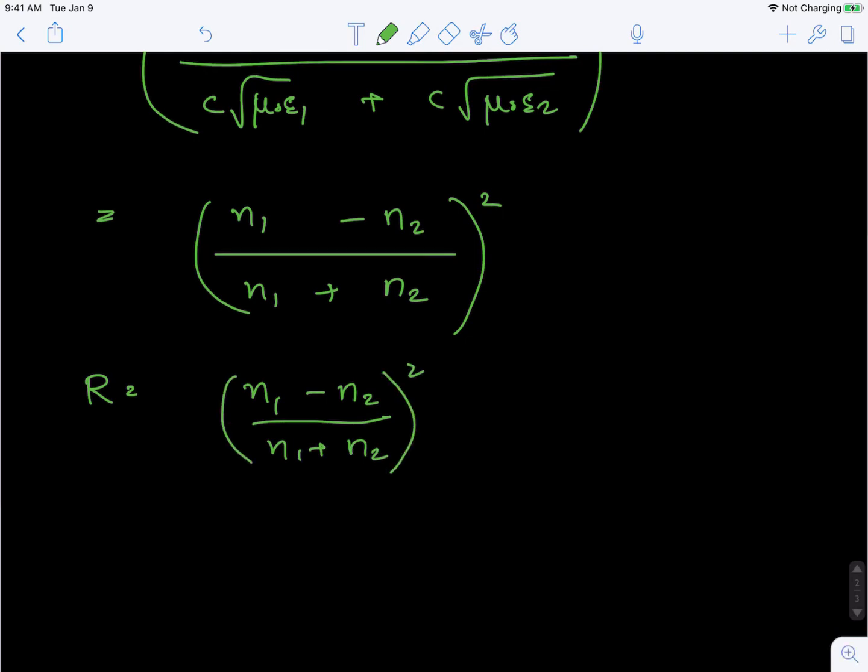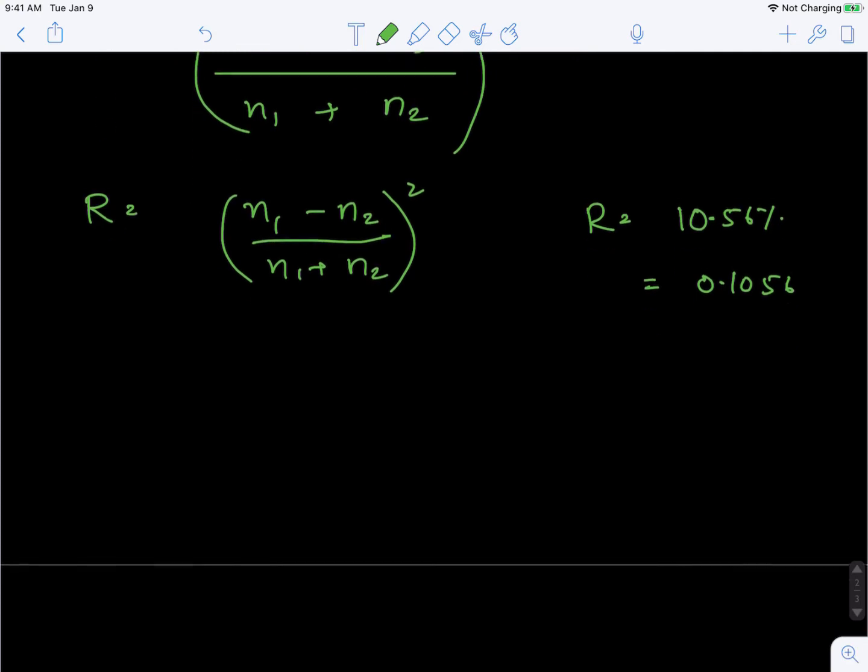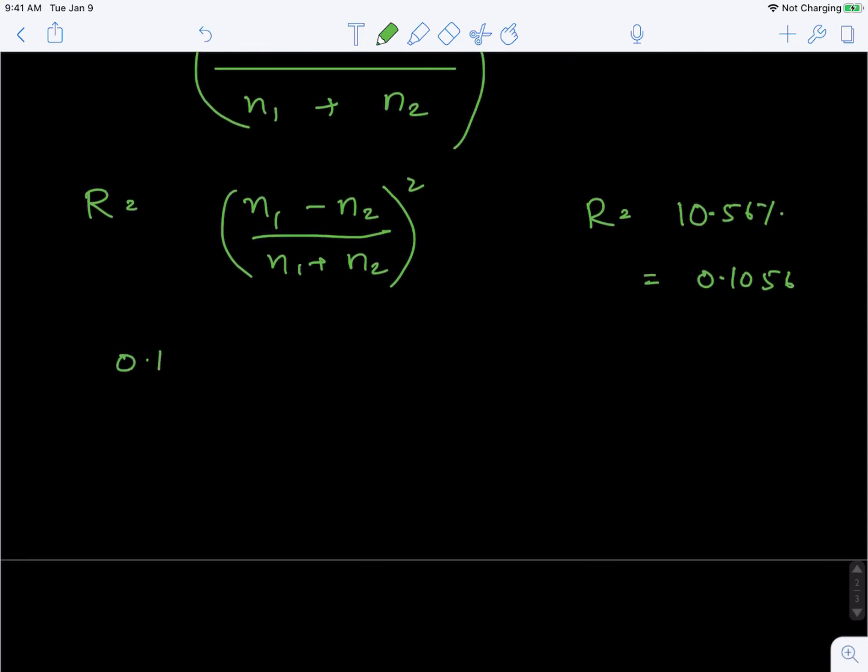So what we are given is that R is equal to 10.56%, or 0.1056. Let's make that substitution. 0.1056 is equal to N1 minus N2 divided by N1 plus N2, whole square.